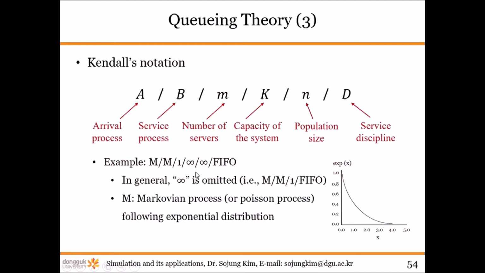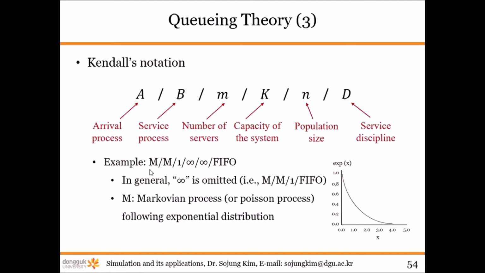M means Markovian process, such as a Poisson process or exponential distribution. When you look at this model, the first M means our arrival process follows a Poisson process, and as you know, the interarrival time between entities following a Poisson process follows the exponential distribution.